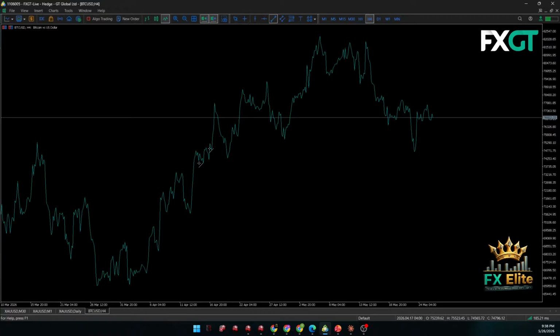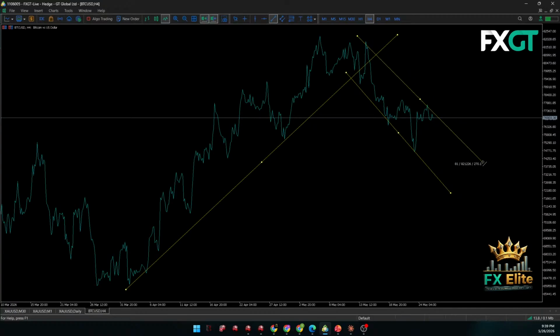In H4 it was an uptrend, until a certain point. Then it managed to break through. Then now it is a downtrend. Okay, so I hope that's clear. So you guys can mark those areas. So it's easier for you to mark those zones.